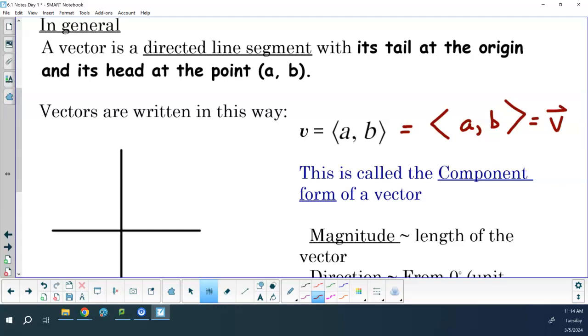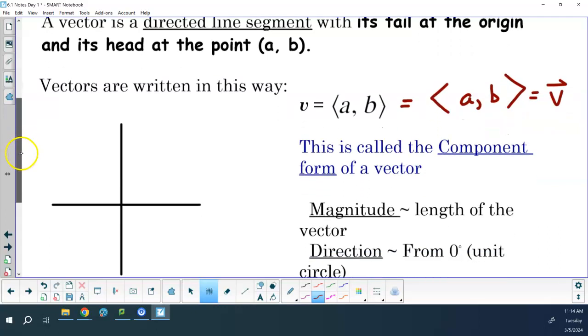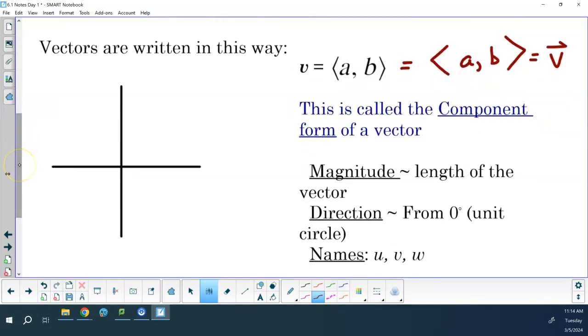That signifies that you are talking about a vector. The magnitude would be the length of that vector. The direction of that vector is unit circle directions. Very key: vectors use unit circle directions.